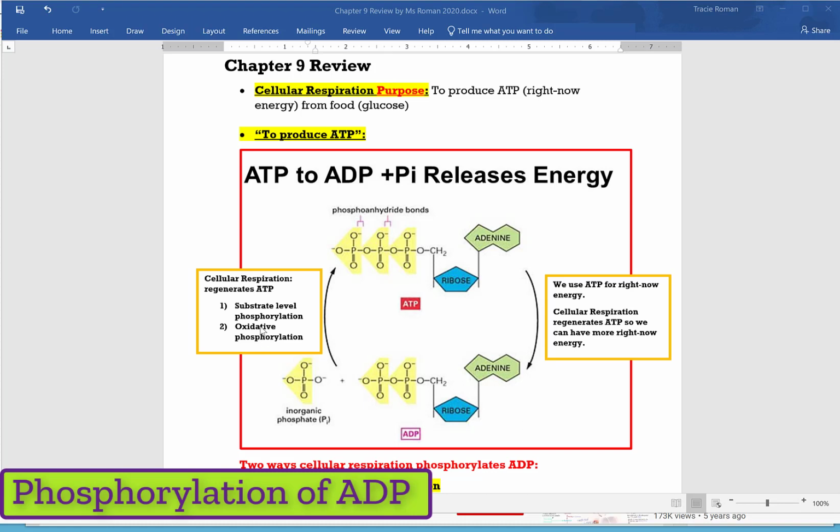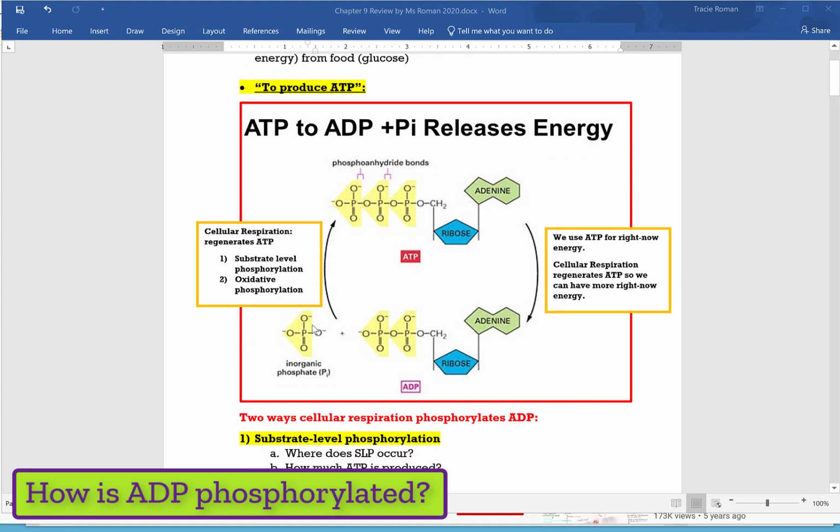There are two categories of reactions that will rephosphorylate ADP that we're going to talk about. There's others, but for cellular respiration, we're going to discuss substrate level phosphorylation and oxidative phosphorylation.